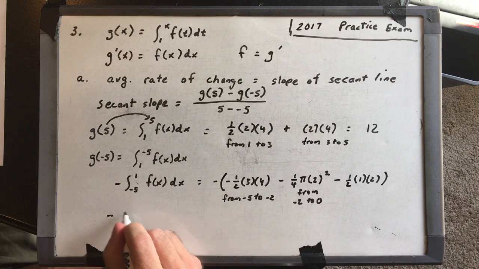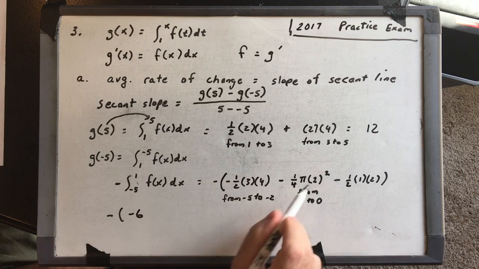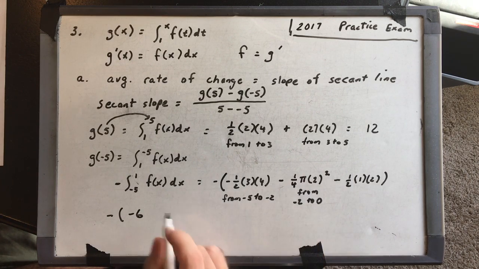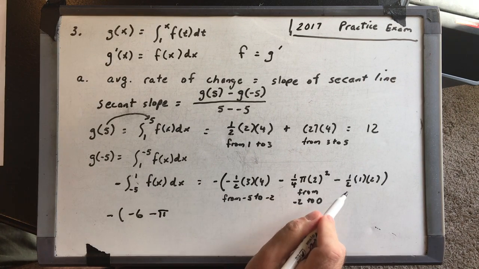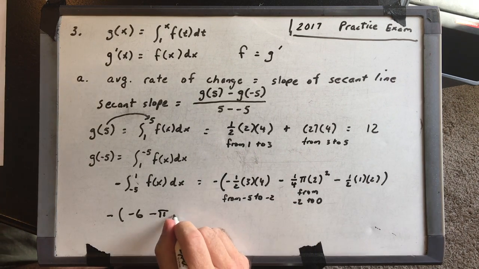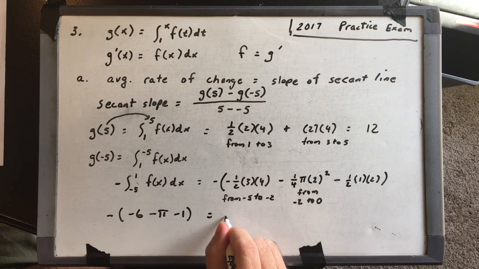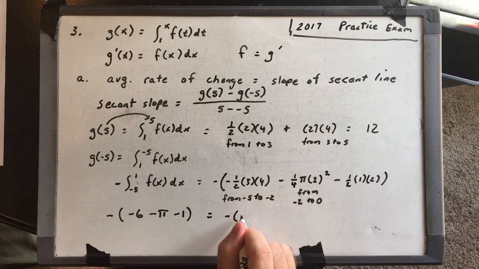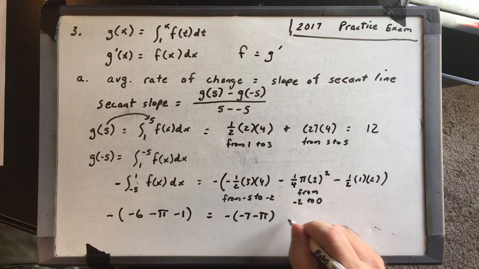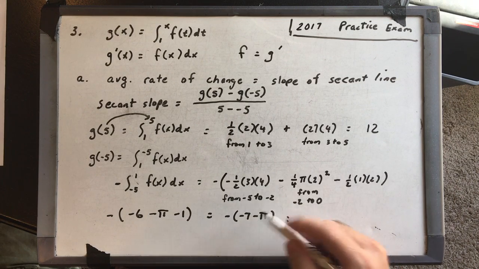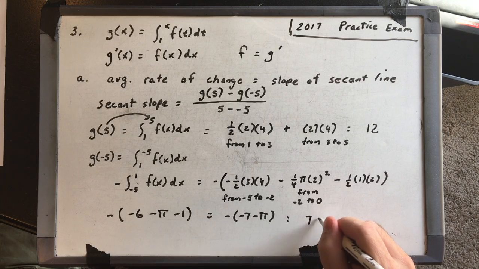All right, so that's going to be -6, and then minus pi, the 4 and 1/4 cancel, and then minus 1. So that's going to be -7 minus pi, which is going to just be, let's see, 7 plus pi.